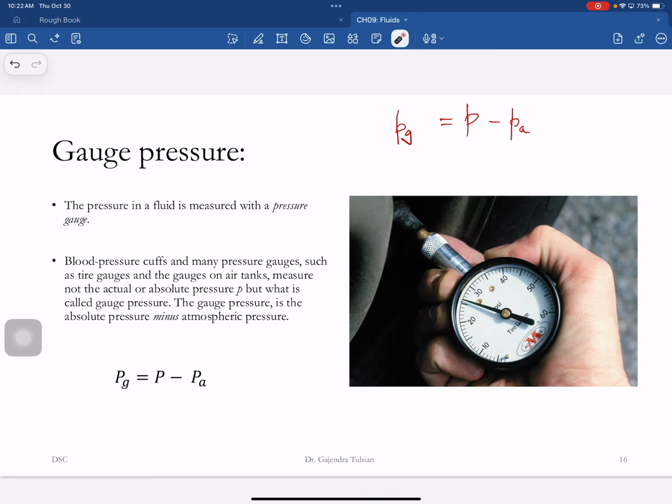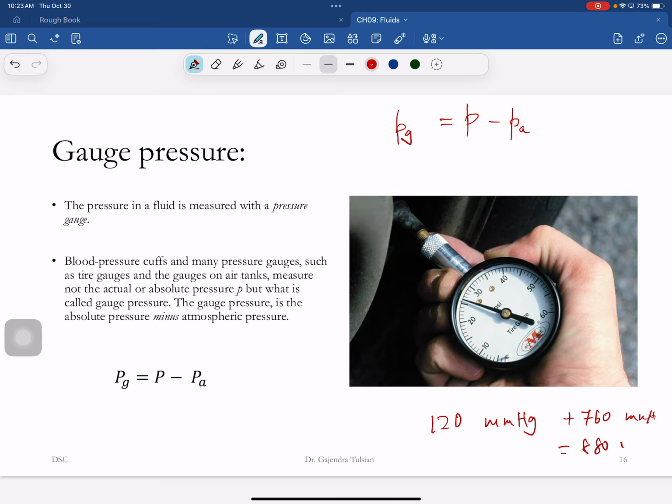So the blood pressure that you measure, 120 millimeters of mercury, that's actually gauge pressure. So your systolic pressure is really 120 plus atmospheric pressure, that's 880 millimeters of mercury.